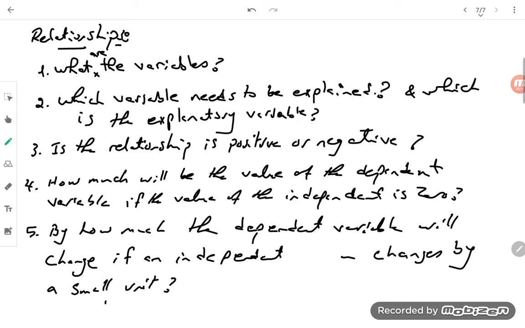So these are the 5 main questions that should be answered in order to identify any relationship between two variables.